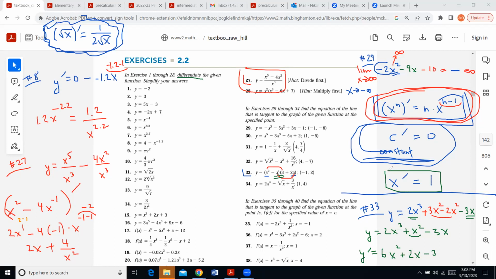And that feels good. And now they want us to plug in the number. So what they want is the equation of the line. That assumption is a little different because we need to use the formula for line equation.